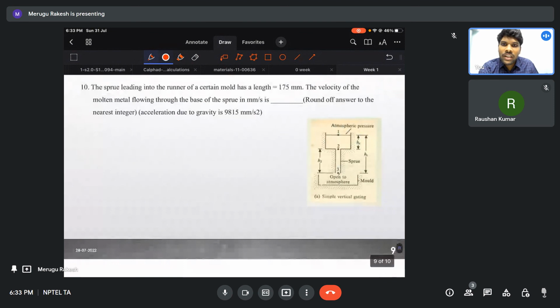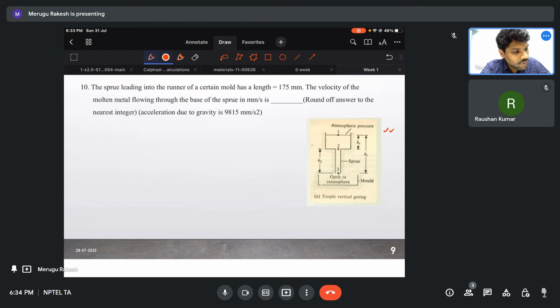So this numerical is asking us about the gating design and the velocities at each and every point. Basically we can directly derive this, or else we can remember. This is a simple application of Bernoulli's principle between any 2 points. The question is, the sprue leading into the runner of a certain mold has length 175 mm. I have taken this diagram from the presentation, which is from the Amitabha Ghosh and Mallik textbook.